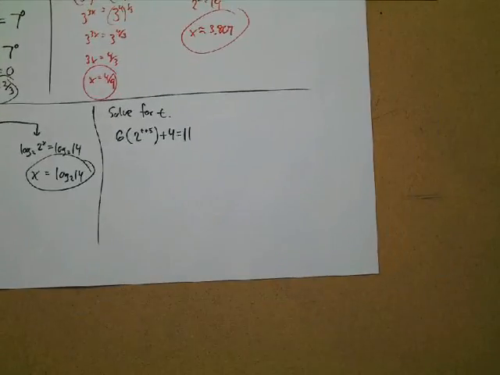Should we start trying to use logarithms at this point? Should I just go ahead and take the log of both sides? No, we don't want to do that yet. You want to isolate that exponential.